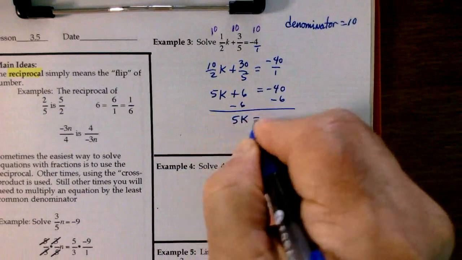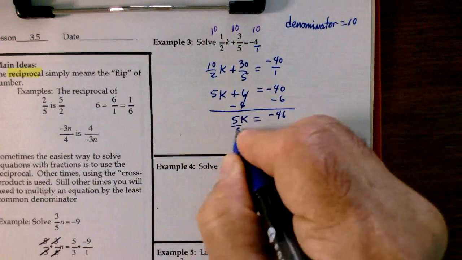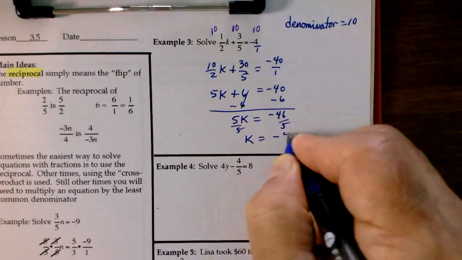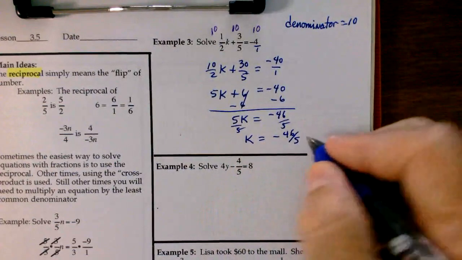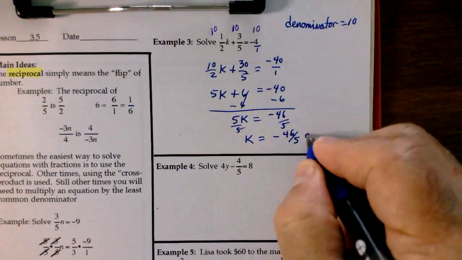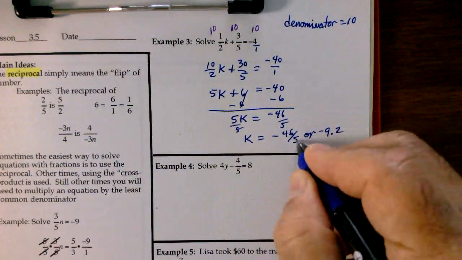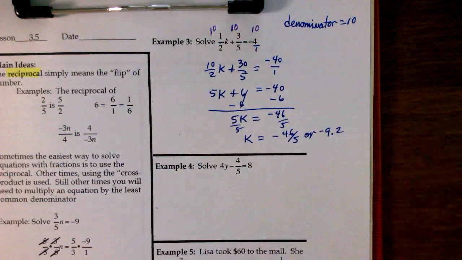We got 5k equals -46. Divide by 5, and it's okay. You get a fraction. Don't panic. Fractions happen. And we can leave it like that. Now the decimal to this, if you want, would be -9.2, because 5 into 46 is 9, and 1/5 is 0.2.